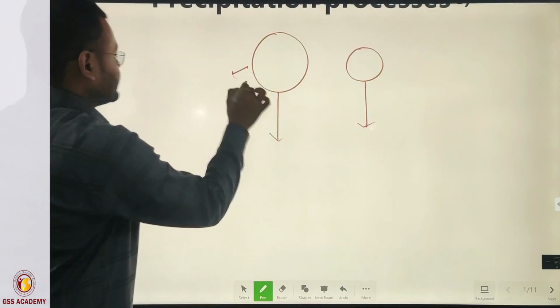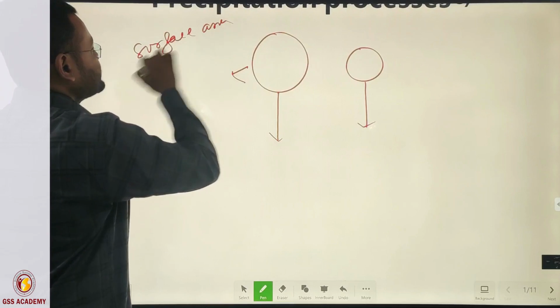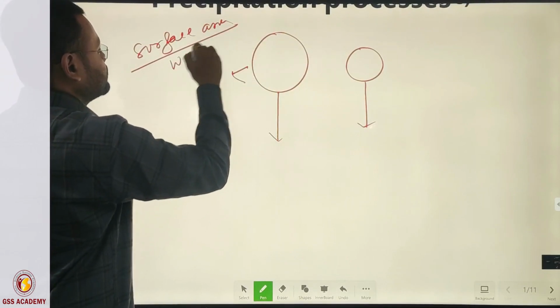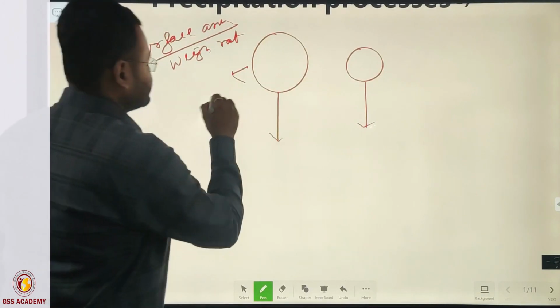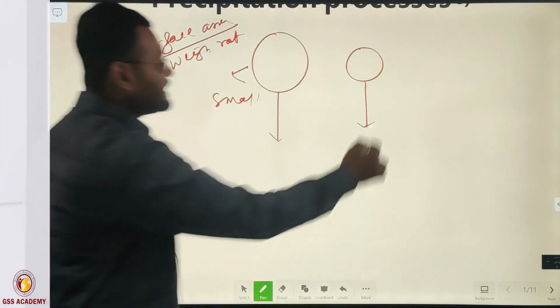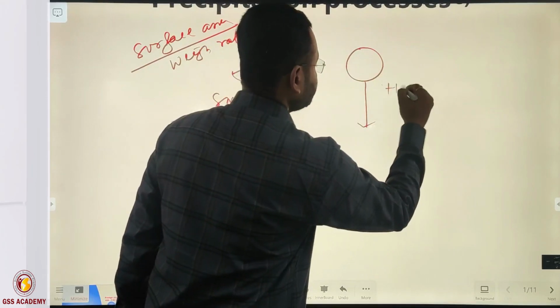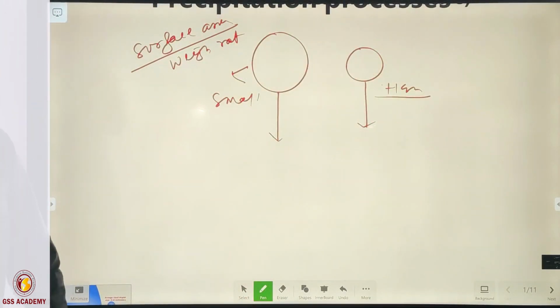Now if we look into the surface area to weight ratio, the larger droplet has a relatively small surface area to weight ratio in comparison to the smaller droplet, which has a relatively high surface area to weight ratio.